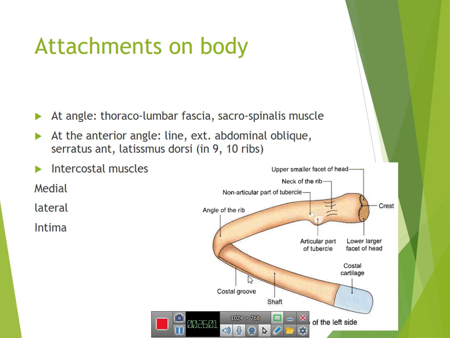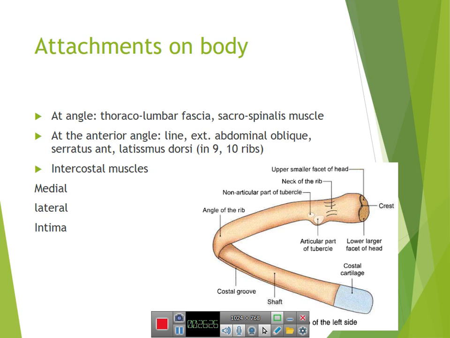So the internal intercostal muscles arise from the floor of the costal groove, and the innermost intercostal arises from the middle two-fourths of the ridge above the groove.